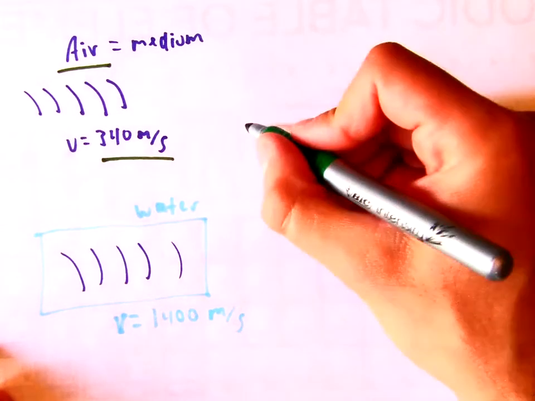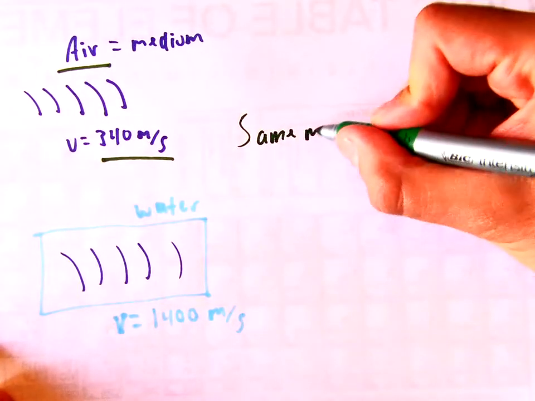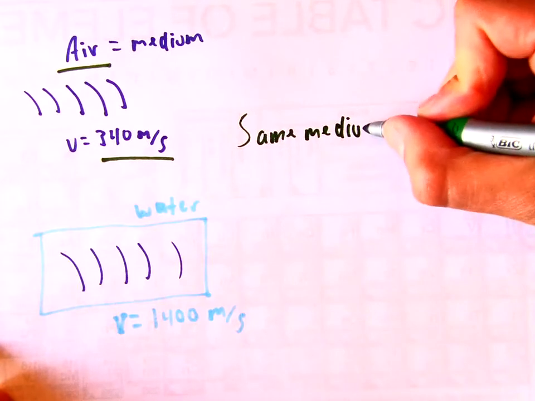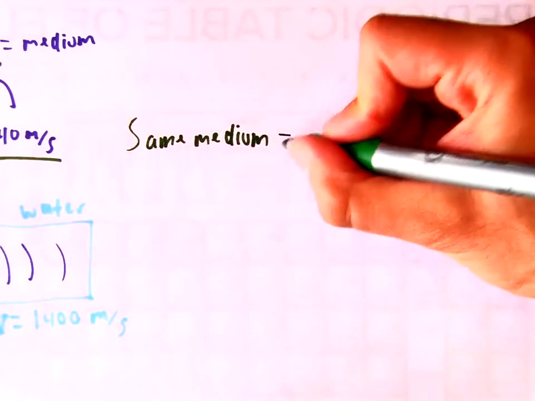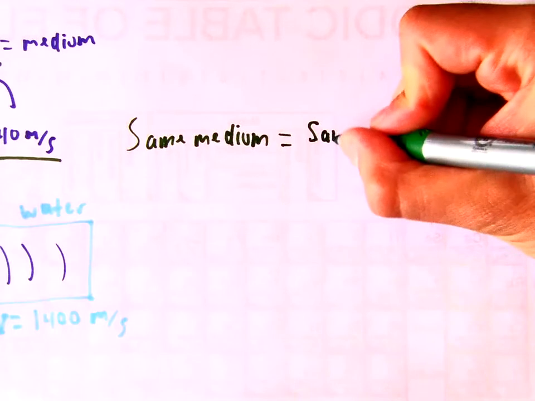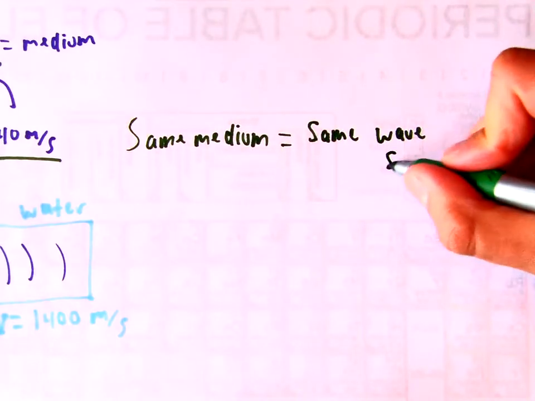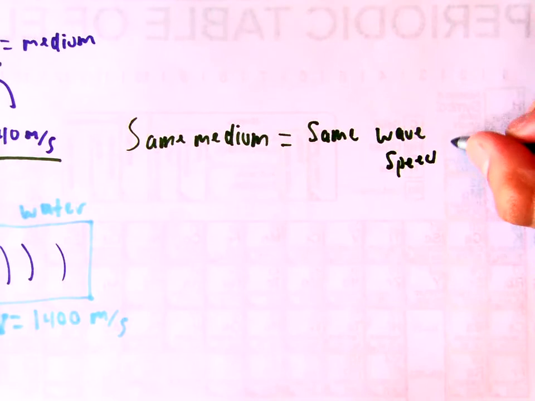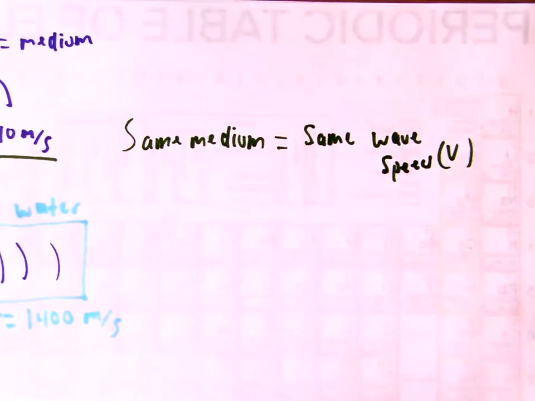If you have the same medium, then you're going to have the same speed, or wave speed to be more specific, which we represent with v. Same medium always gives us the same wave speed.